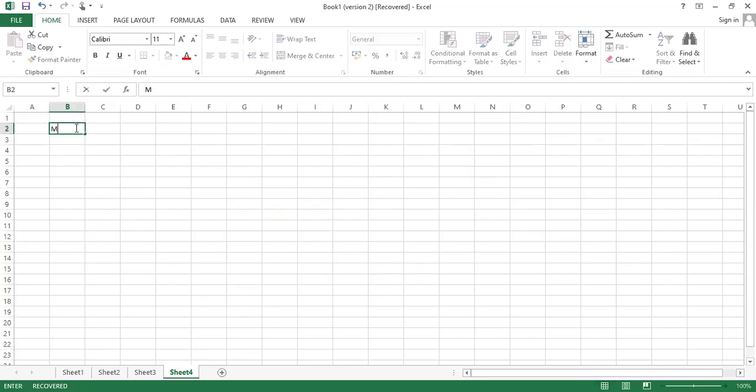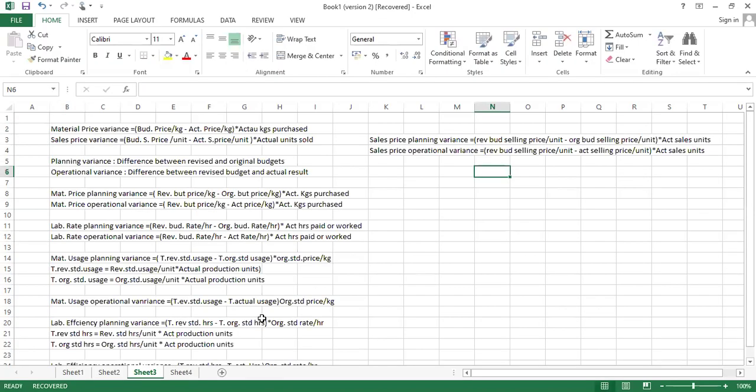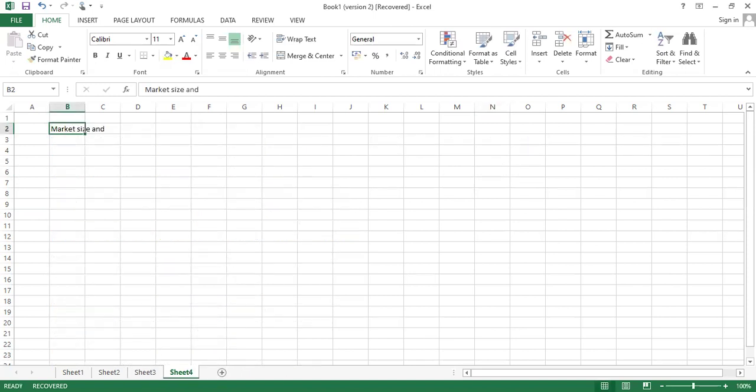Next, very important are market size and market share variances.